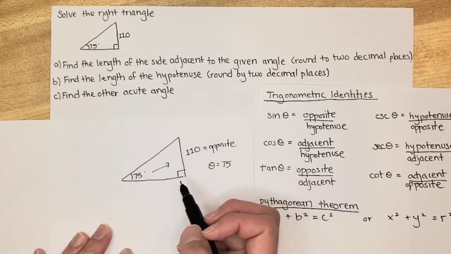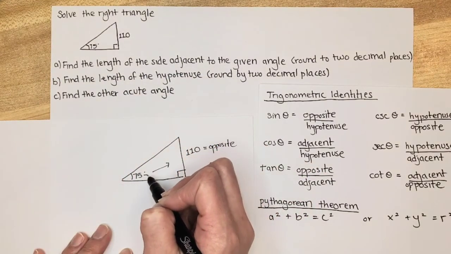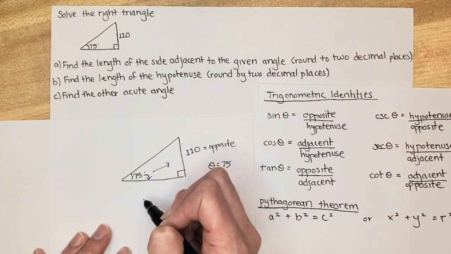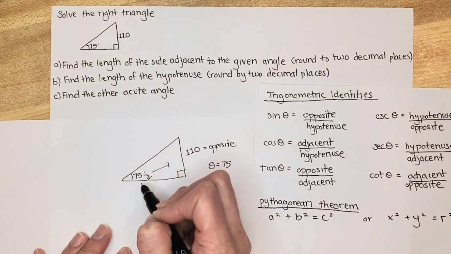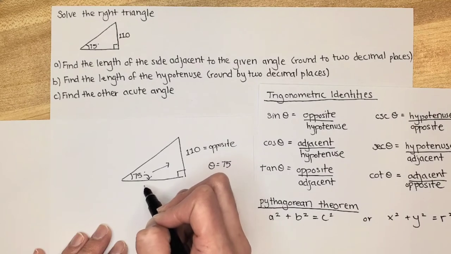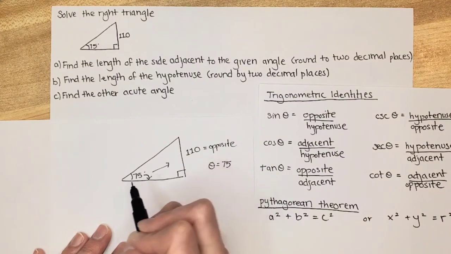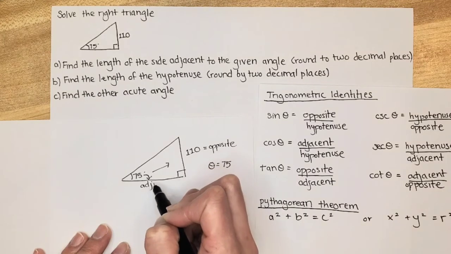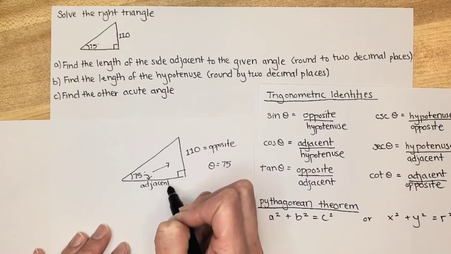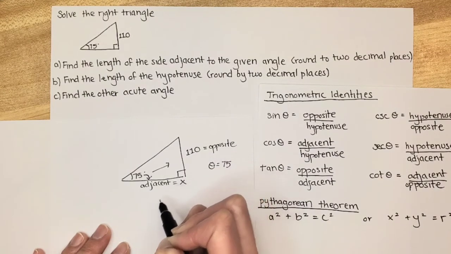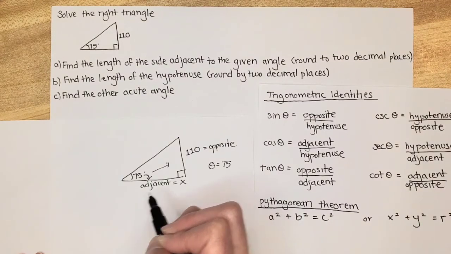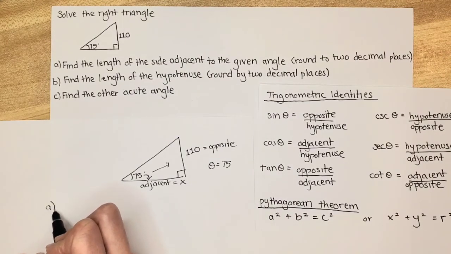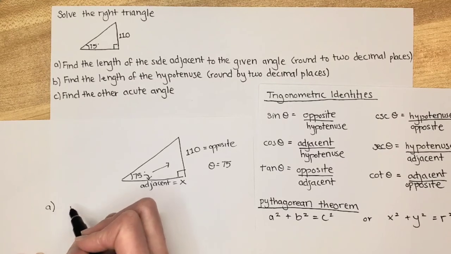The side adjacent is the side that's directly next to the angle that we're trying to figure out. Here we're going to label it with the variable x.